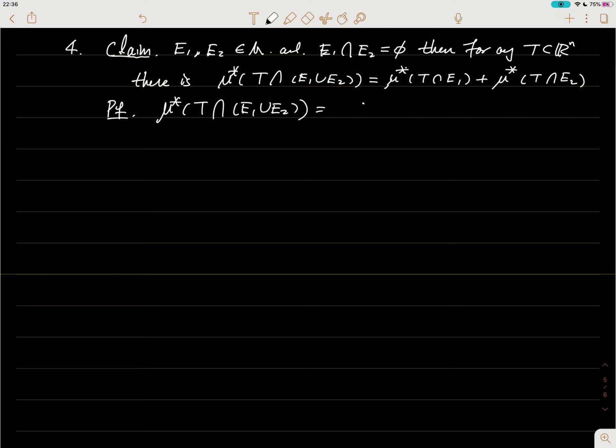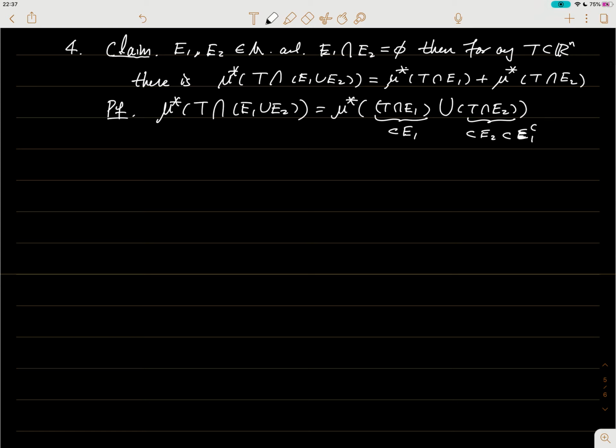So this is just equal to this union with this. Okay, so now notice that this is a subset of E1. This is a subset of E2, which is in the complement of E1.